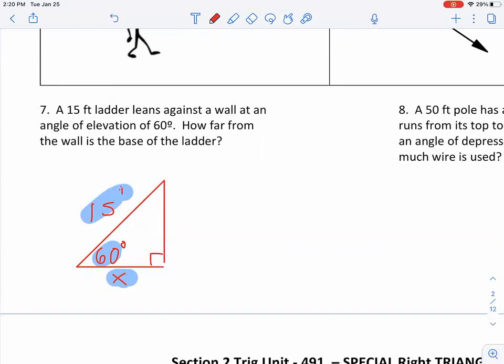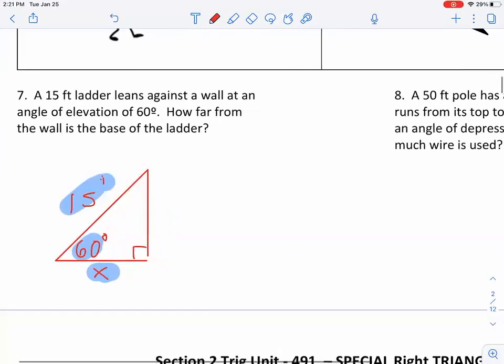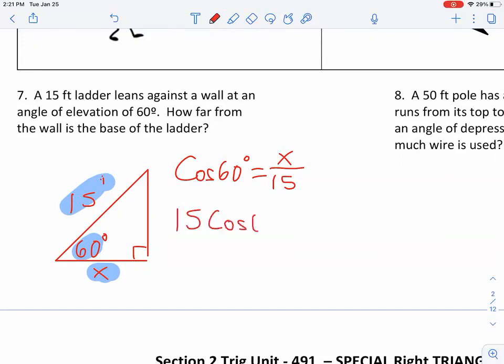And so I'm going to use the cosine. So I would say the cosine of 60 degrees is x over 15. So I multiply both sides by 15, and I get 15 times the cosine of 60 degrees is equal to x.